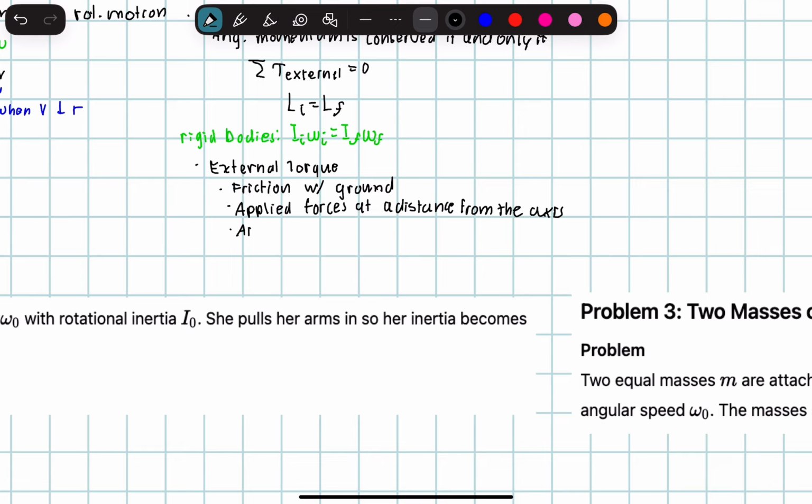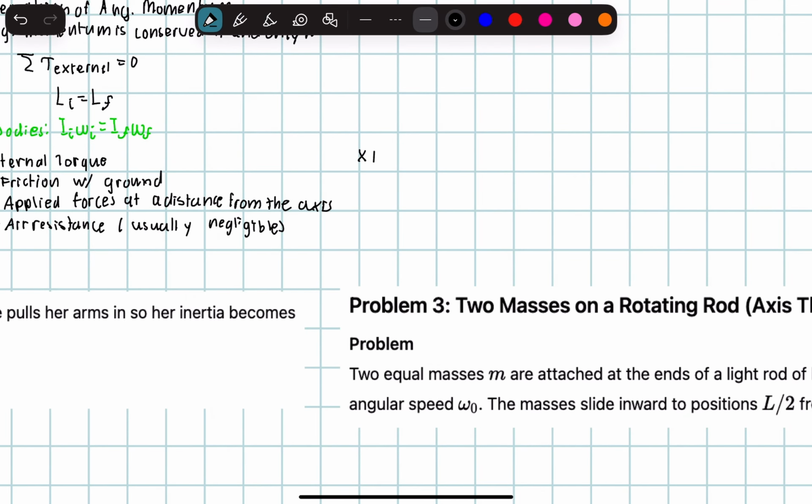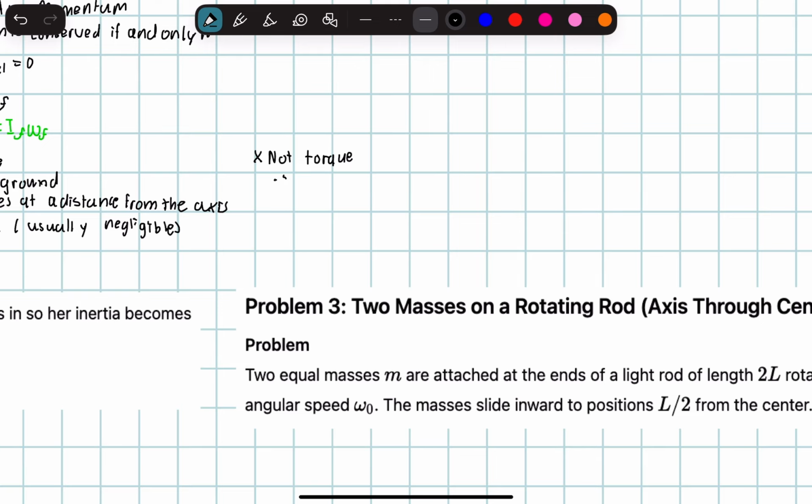It also includes air resistance, which is usually negligible though, so in those cases you wouldn't include it. And what's not included in torque are internal forces and also forces through the axis of rotation.